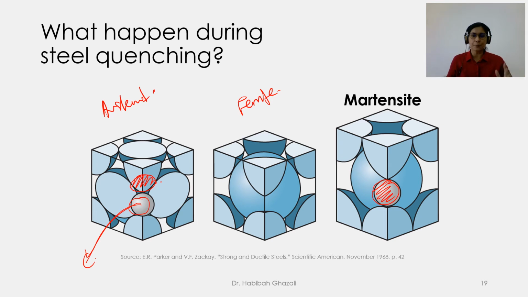As you can predict already, this martensite does not have a slip plane. So there's no plane where dislocation can happen. So this phase will be much more brittle and much harder compared to these two phases.